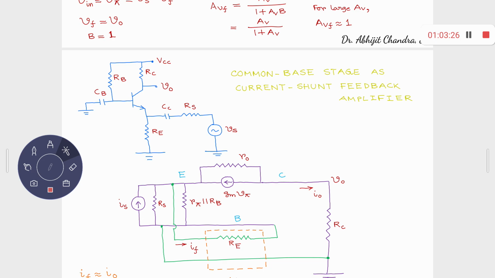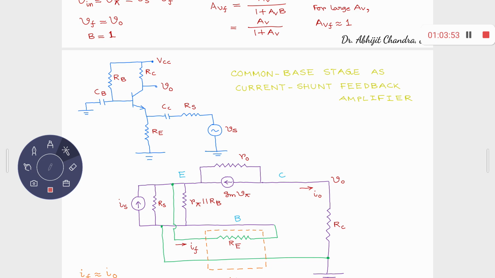Anyway, so base is at the bottom over there. We have the emitter terminal there, and you have the collector terminal over there. Between base and emitter, you have this R pi. Base is at AC ground. And remember, this RB is also there between base and the AC ground, VCC. So I can have this RB between base and emitter.